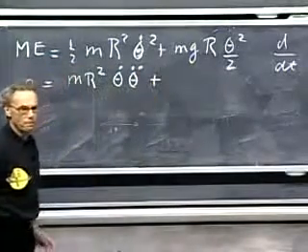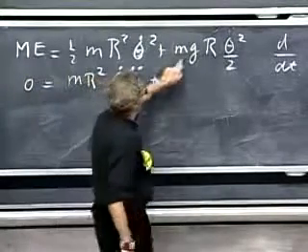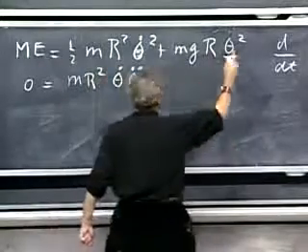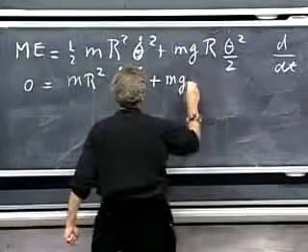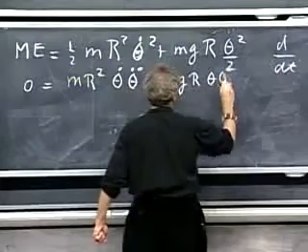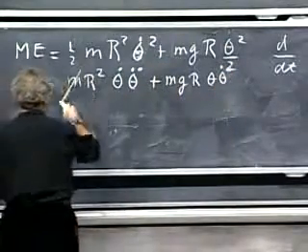So, I have to take the derivative of this one. The 2 flips out, which eats up this 2. So I get mgr, and then I get a theta, but the chain rule gives me a theta dot. I lose my m.